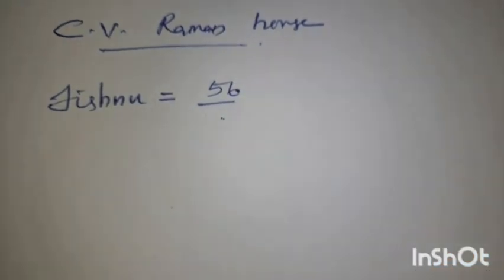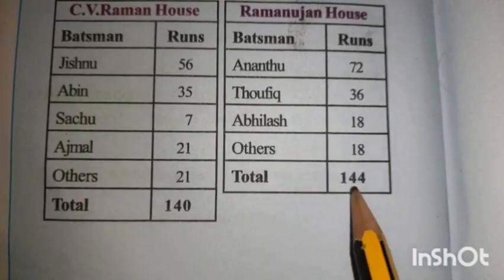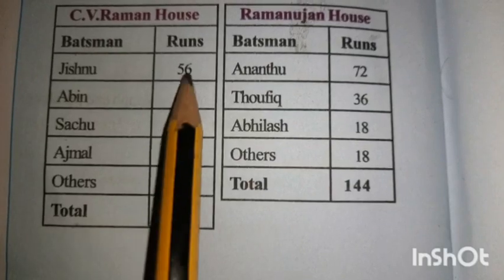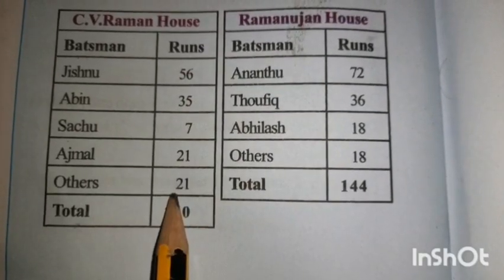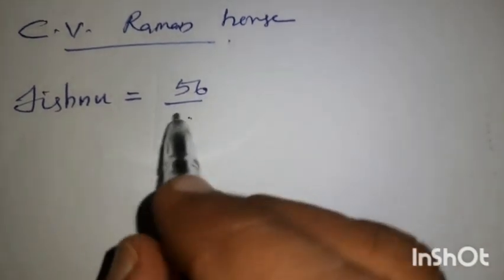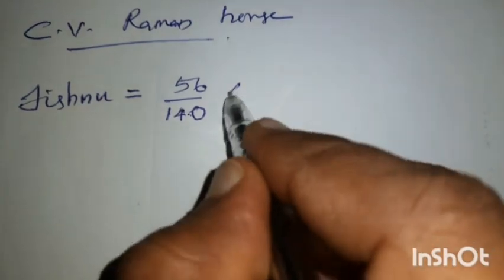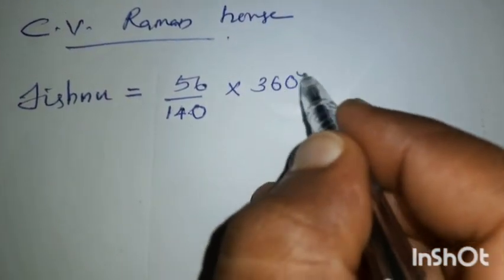So you have to add the data from the question paper. Here it is already given, the total is 140 and here the total is 144. If the total is not given, you have to add the scores. So Jishnu with 56 runs, the total score is 140, multiplied by 360.